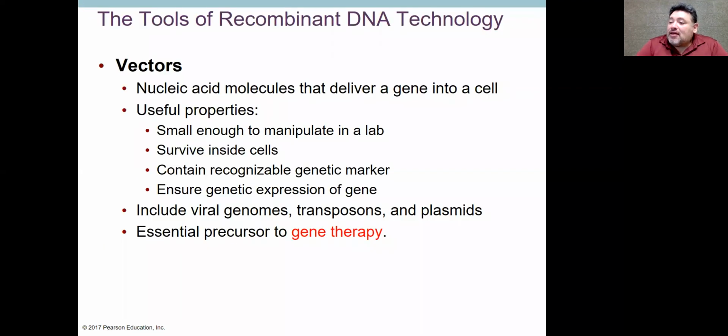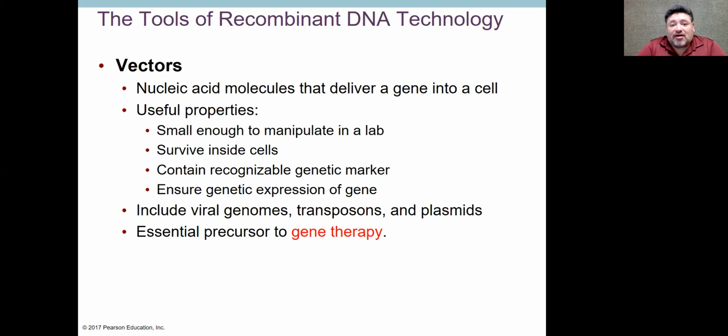All right. The next two on the agenda are vectors. A vector is anything that can deliver a payload of some sort to a host. In this case, the payload that we're talking about is a gene of some sort. For us, we've already discussed two types of vectors. One of them, of course, is plasmids. Why? Because it delivers a gene into E. coli.